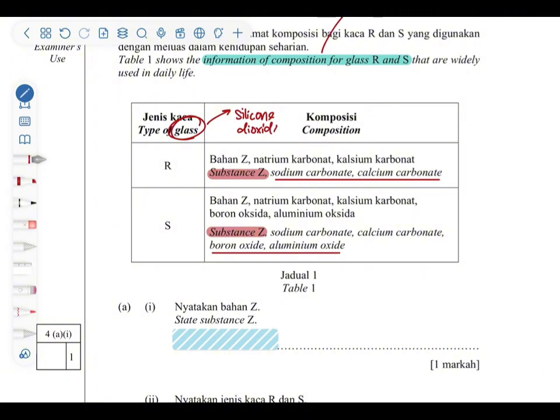Silicon dioxide is actually the sand that we normally see. So this will be the answer. The substance Z is silicon dioxide.